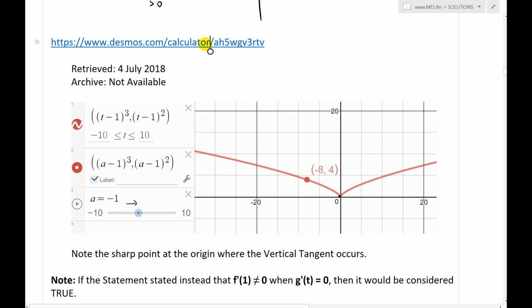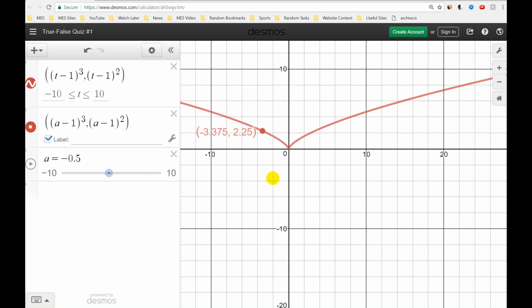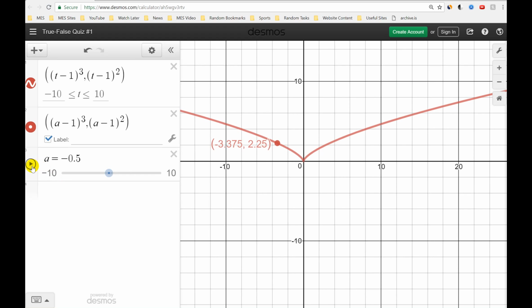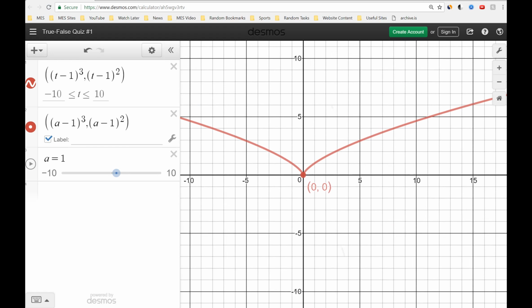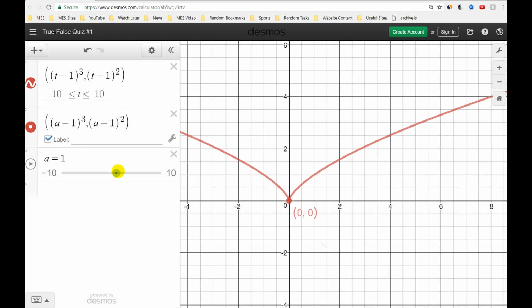So you could even, let's just click this out. And here's the Desmos calculator. You can see this right here. As you're moving this, move this a bit slower. Go back to here and press play. So it's going there, make it as slow as you can. And then it's going to become very, very small like that. Actually, let me go back here. So at a equals 1, we have that at the origin (0, 0), everything's 0.